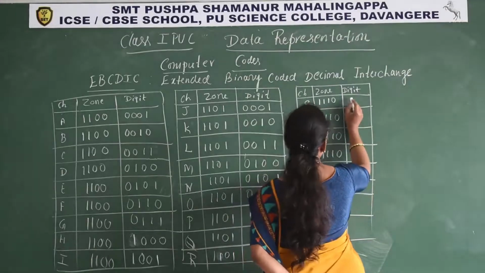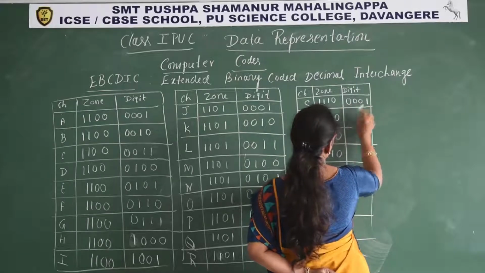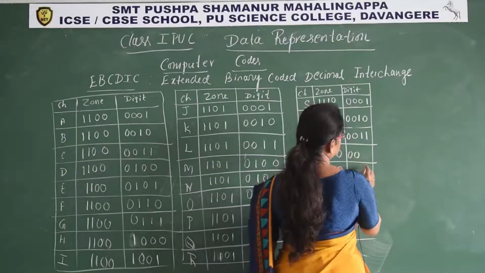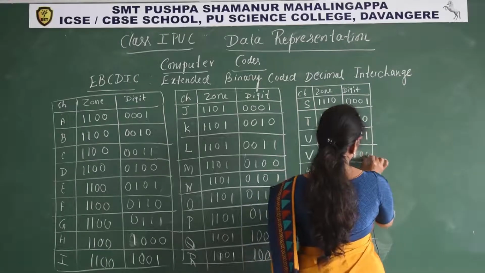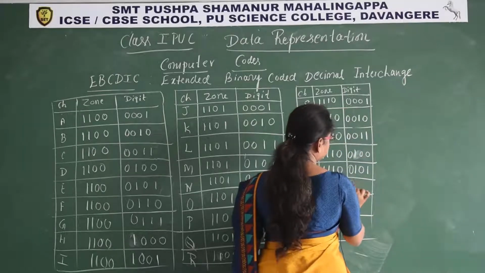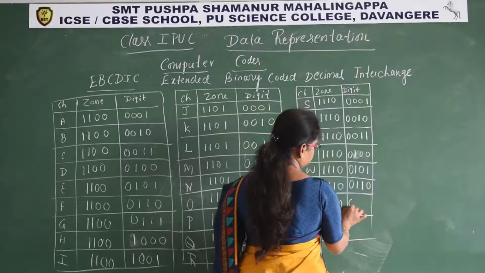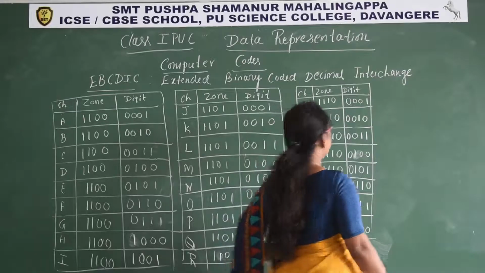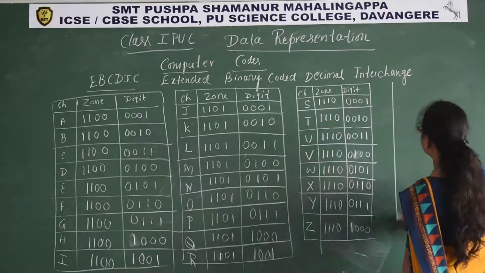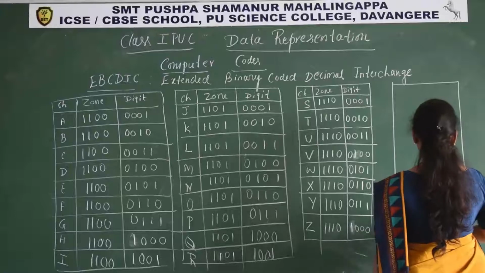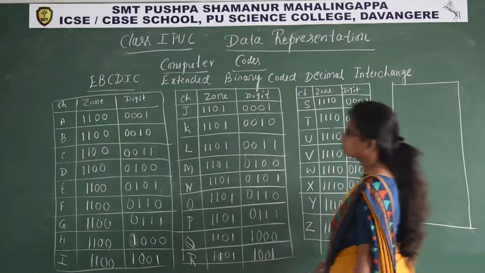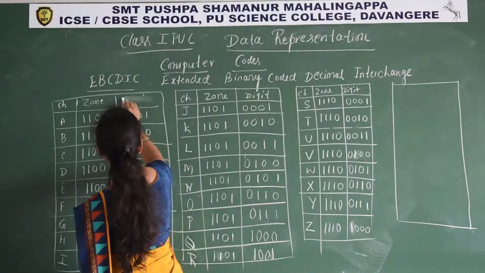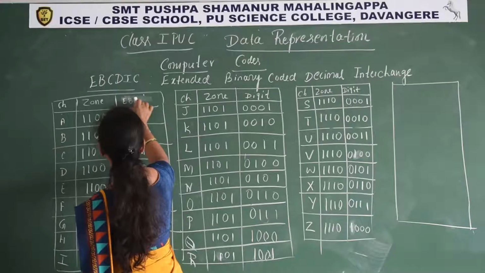Now the digit again starts from 1: 0001, then 4, 5, 6, 7, 8. Now for digits, here I can write EBCDIC.